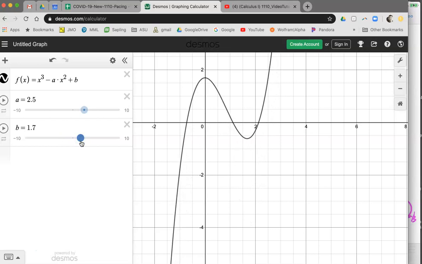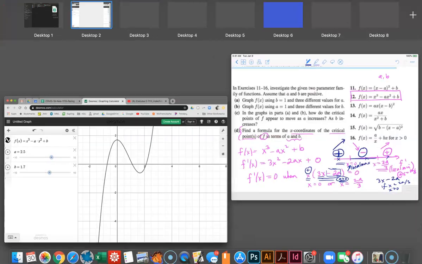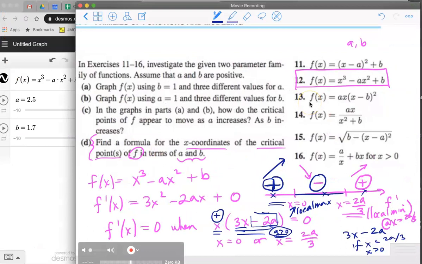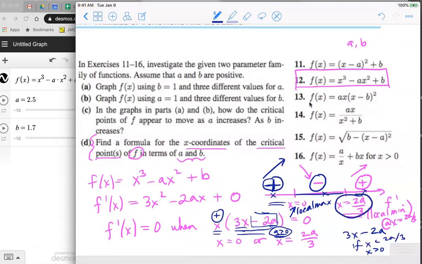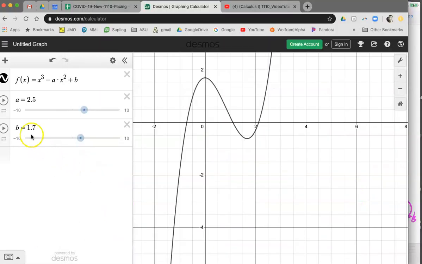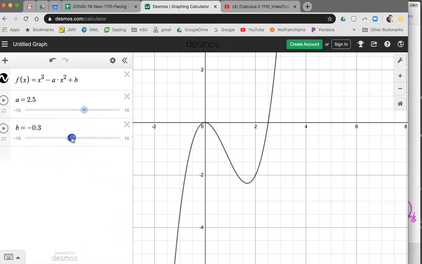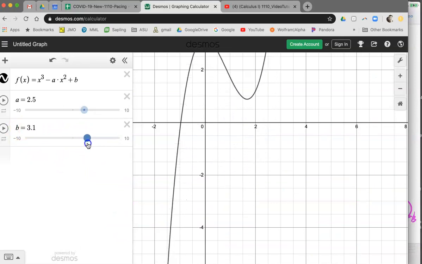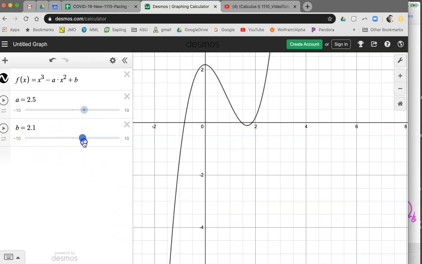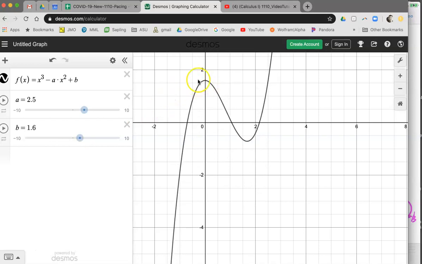b is not part of our critical point formula. Our critical point formula was x equal to 2a over 3. So our critical points were 0 and 2a over 3. a was the only thing affecting that. So this is what we're seeing in this graph, that b is only moving the function up and down. It doesn't change the location of our maximum and minimum.